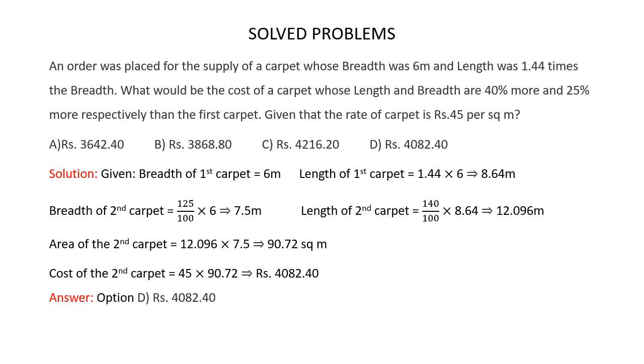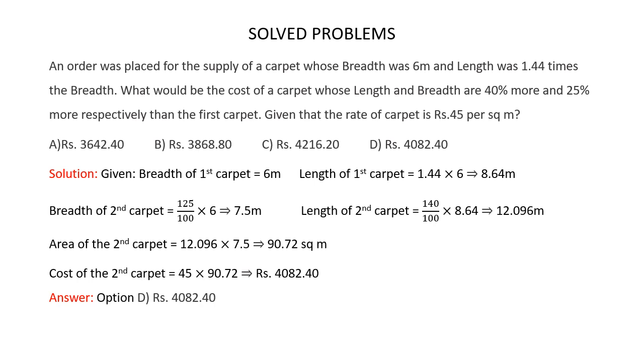Now it's given that the breadth of the first carpet is 6 meters. It's also given that the length of the first carpet was 1.44 times the breadth, which means length of the first carpet is equal to 1.44 multiplied by 6, which is 8.64 meters.